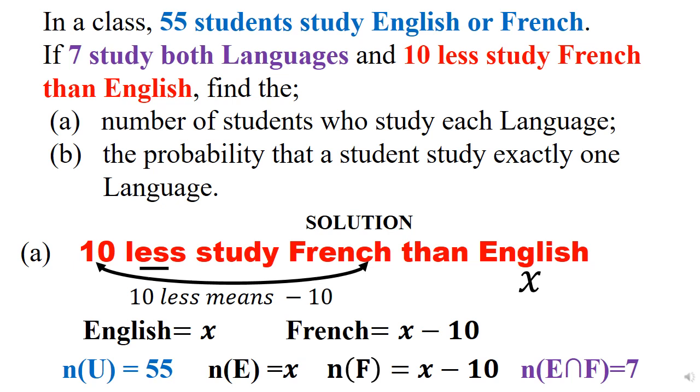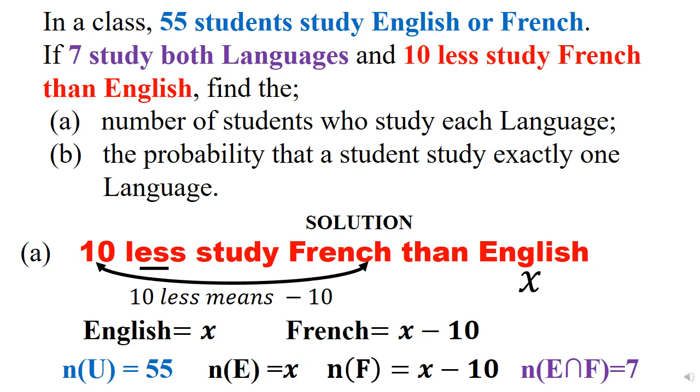The word problem sentence is "10 less study French than English." We can see that the number 10 has been linked to the set name, the language French.